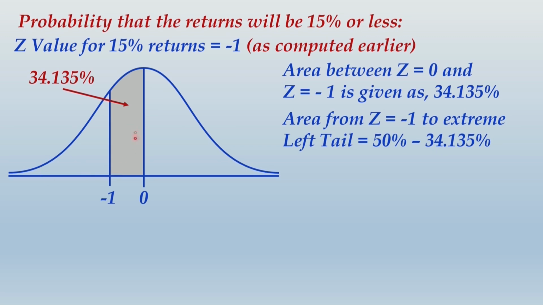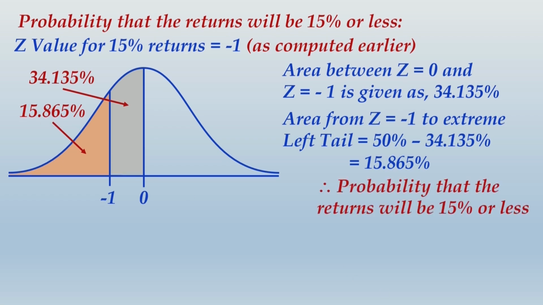So from the total probability of 50%, you subtract 34.135% and what you get is 15.865%. So this is the area that we wanted, that is the probability of returns up to 15% will be 15.865%, and that is what you can conclude.